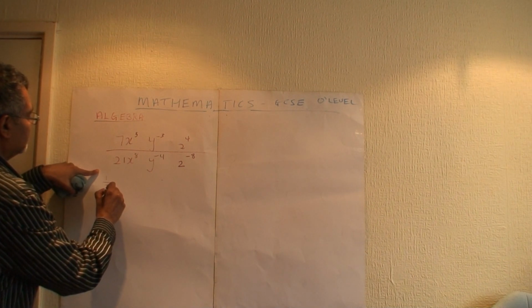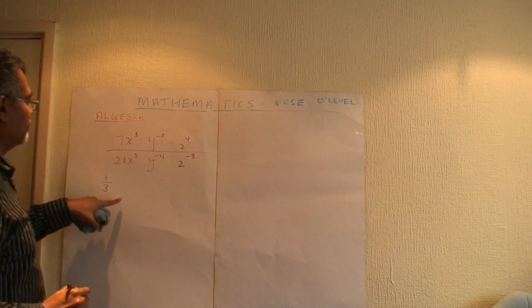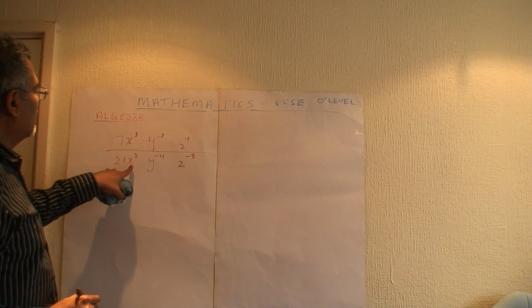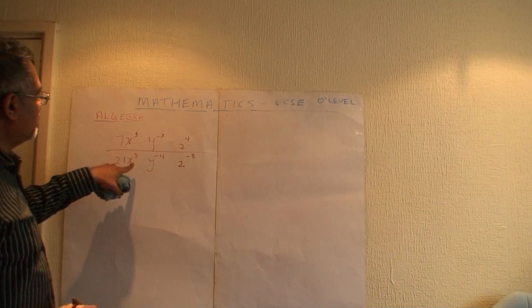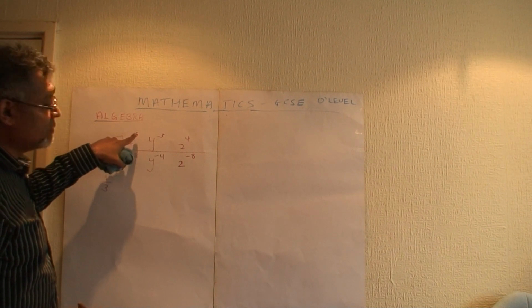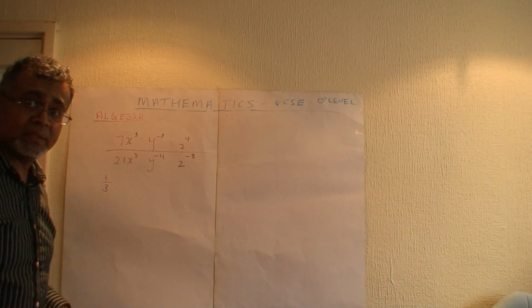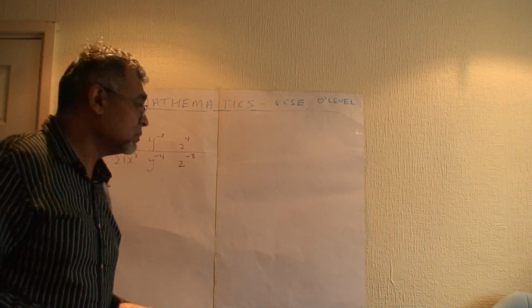We put a third here. But you're looking to divide x to the power of 5 and x to the power of 8. So obviously we subtract the powers.